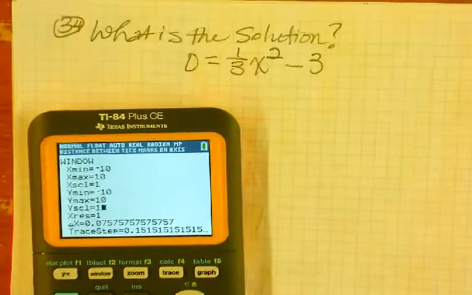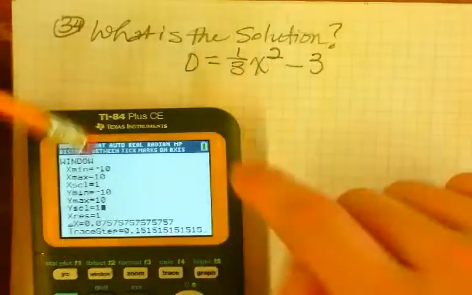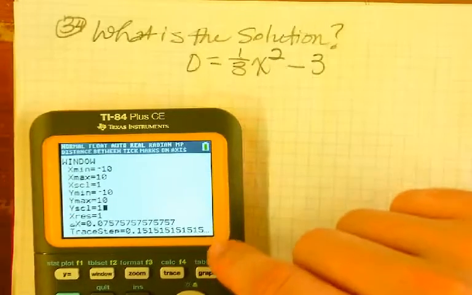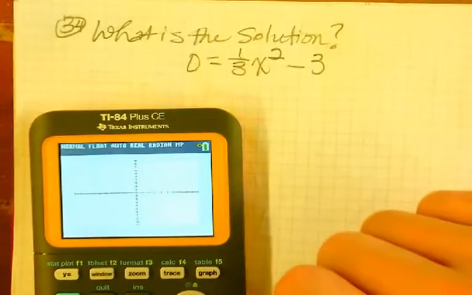The second one says window, and that's what you're going to mess with. You're going to fix the window settings where it says negative 10, positive 10, negative 10, positive 10. Okay? Now, go back to graph, and you'll be able to see a little whoop.